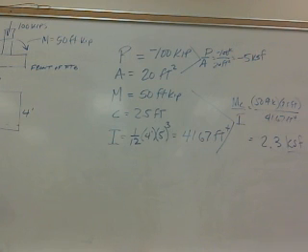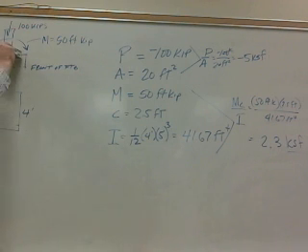Now, here's where you got to think about what's actually going on. Where is it a compression type? This is a bending stress. 2.3 kips per square foot is bending stress. But a bending stress has a compression side and a tension side. Which side is the compression side? The front side.